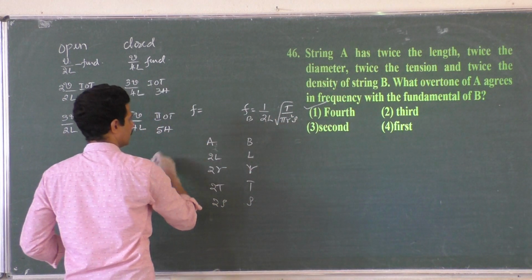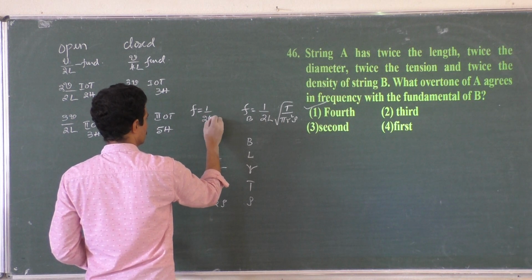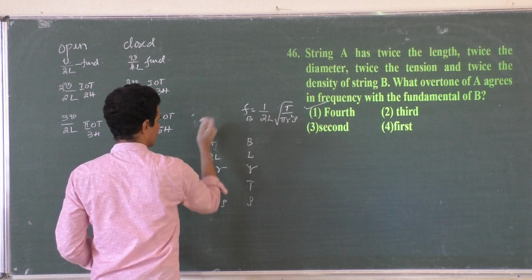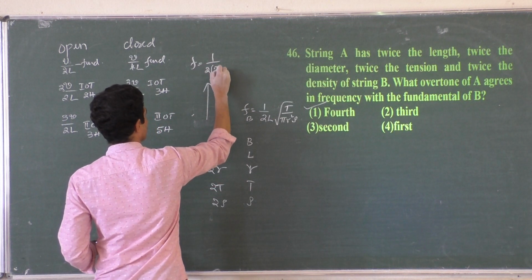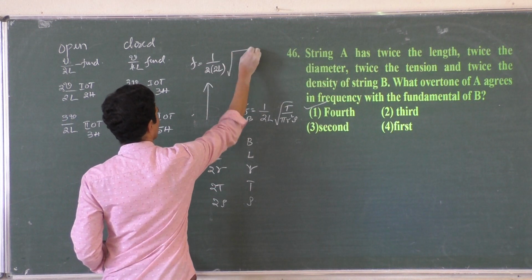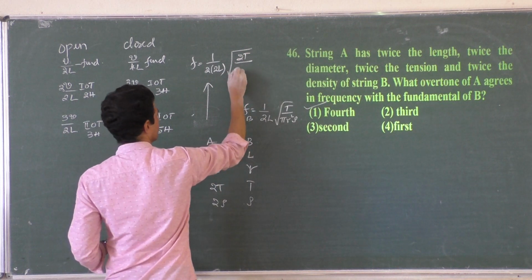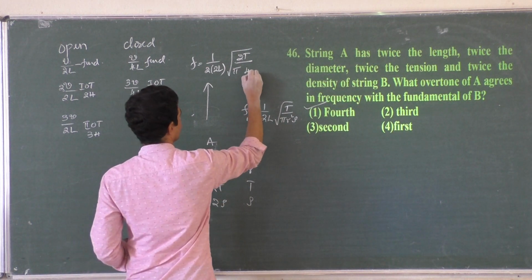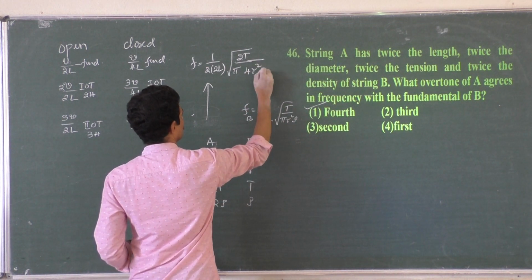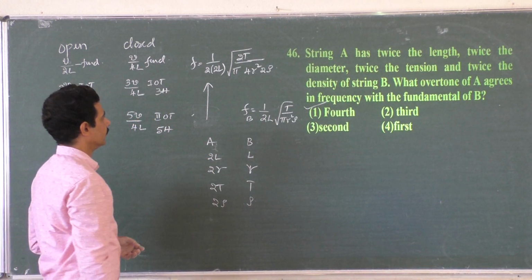What about A? Frequency is equal to 1 by 2 times 2L square root of T by pi R squared; R squared becomes 4R squared, rho becomes 2 rho. Everything is 2 times.